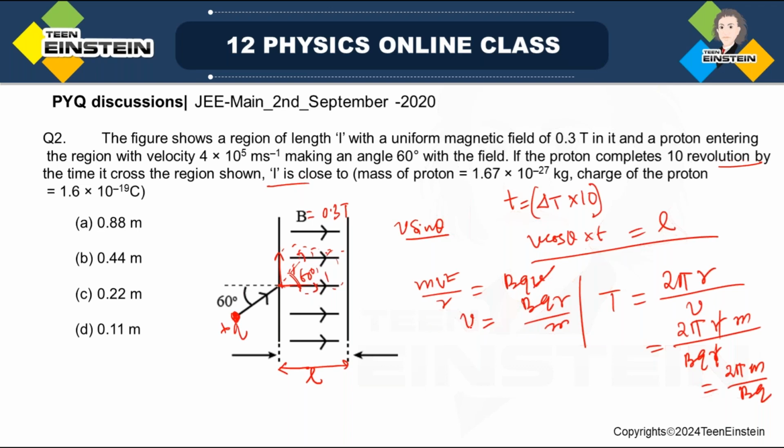This V will be actually V sine theta. Here there will be a sine theta over here.